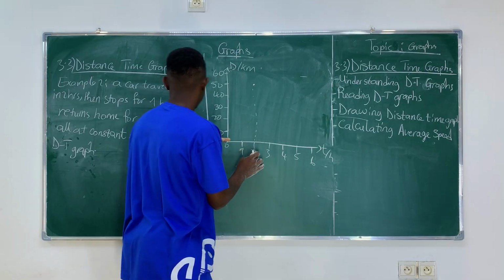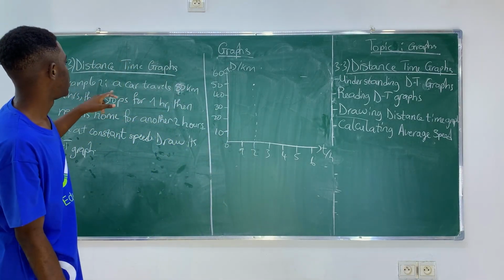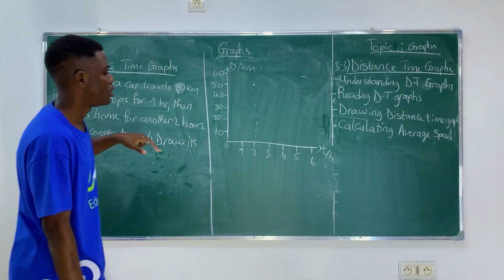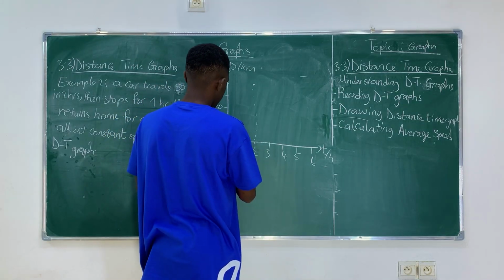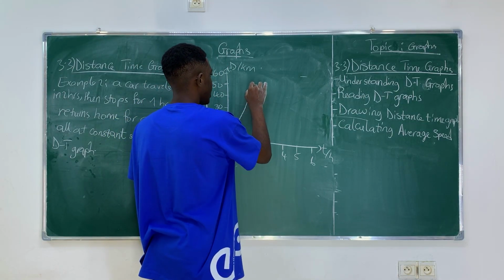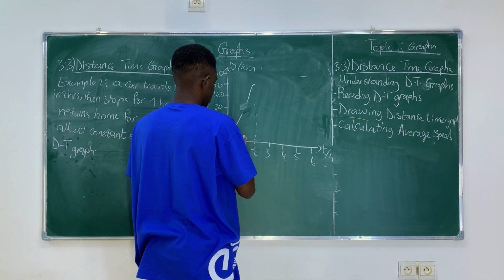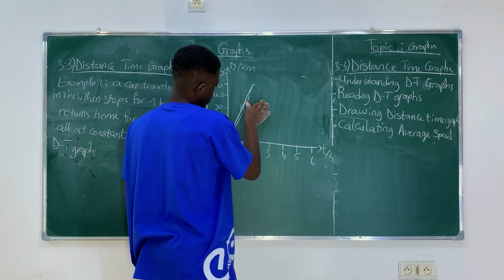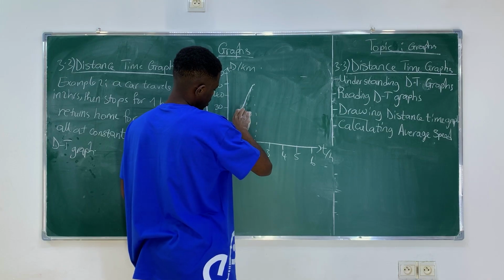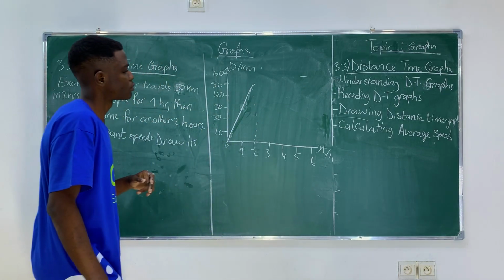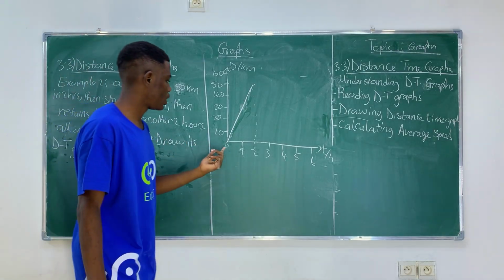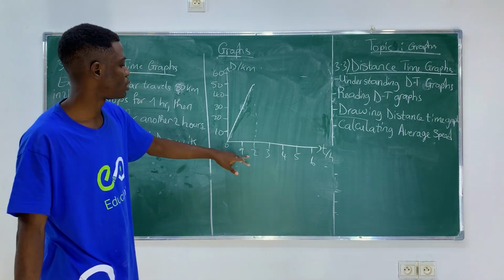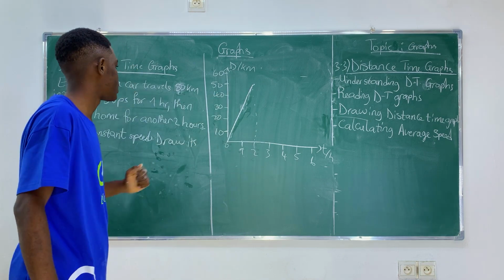When you make 2 hours, the question tells us that the car travels 50 kilometers in 2 hours. So after the first 2 hours, it travels 50 kilometers. So we put it right up there at 50, because in the first 2 hours, it traveled 50 kilometers.